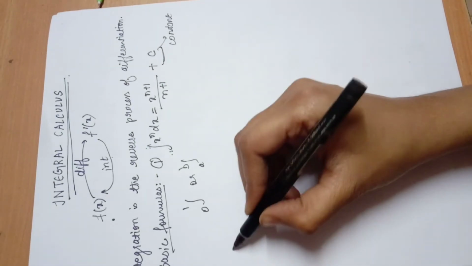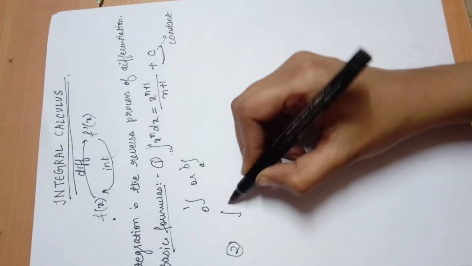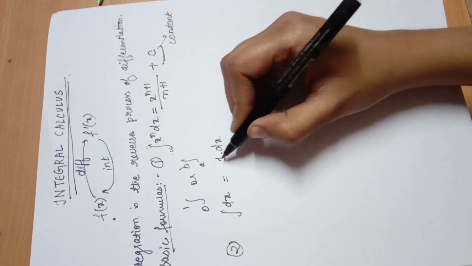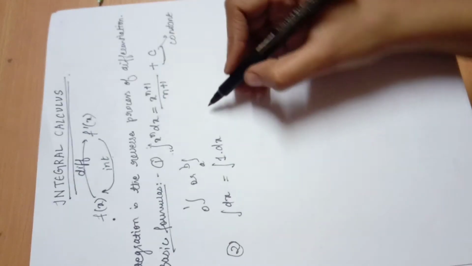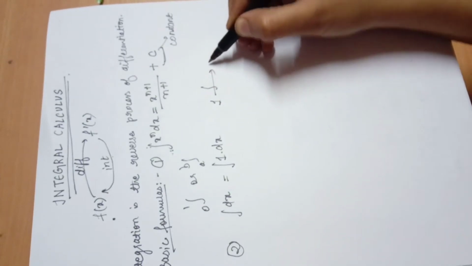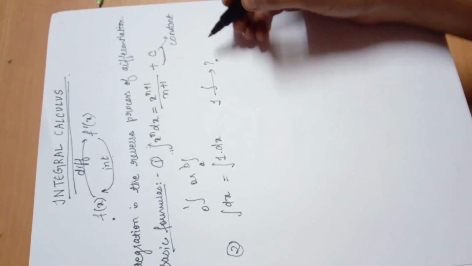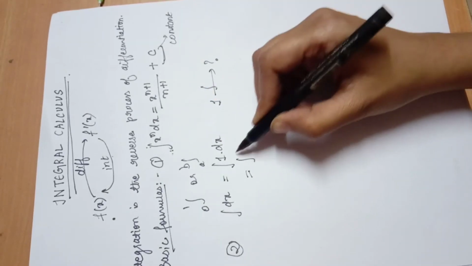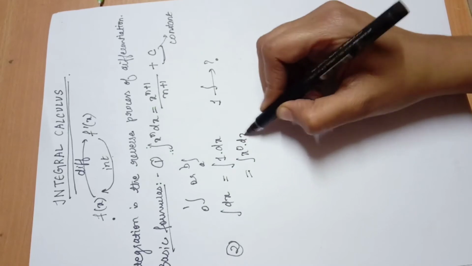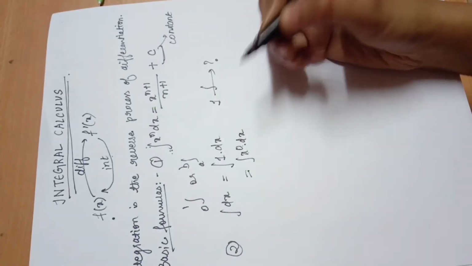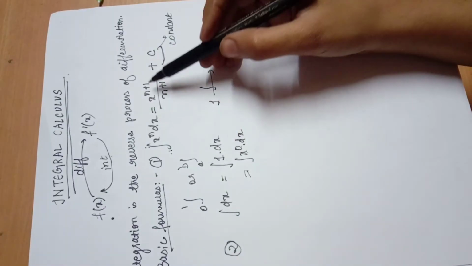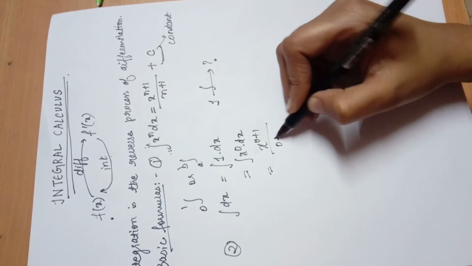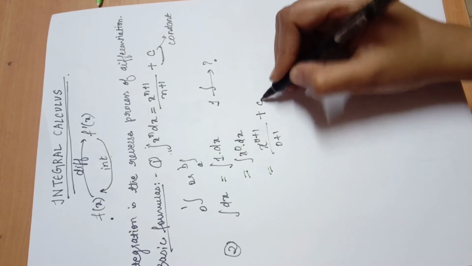Okay, next formula, dx. This dx means 1 into dx, right? So what is the integration of 1? Let's see, we can use this formula. How? We can simply write this as x to the power 0 dx, because x to the power 0 is 1. Now here n is 0, so it will be x to the power 0 plus 1 divided by 0 plus 1, plus c.